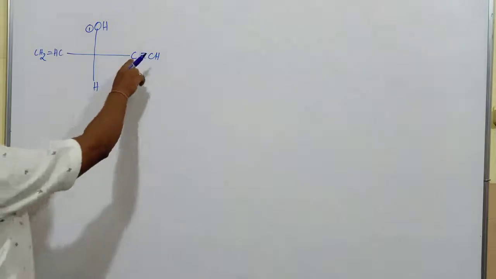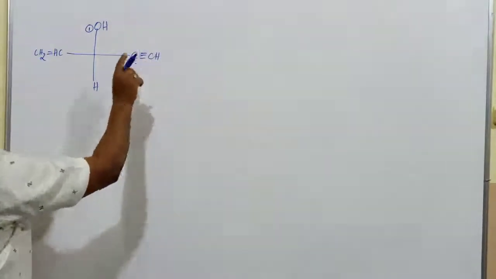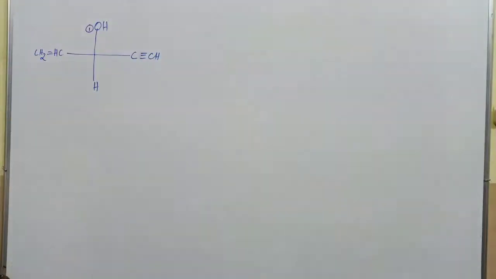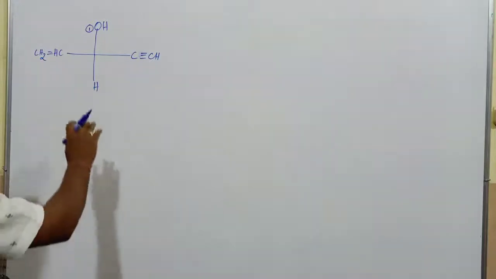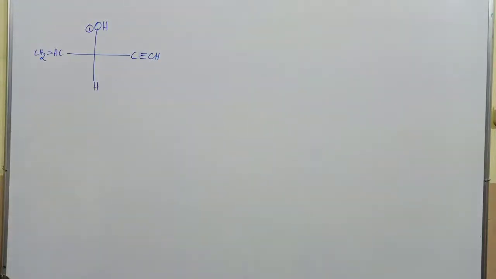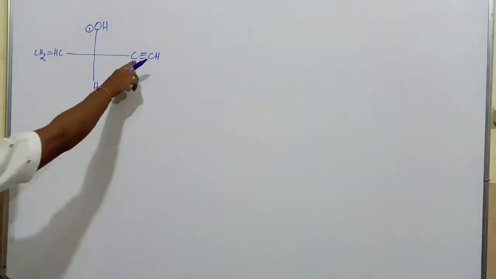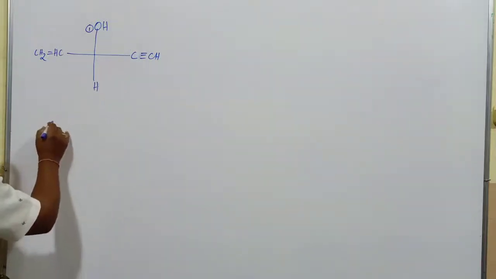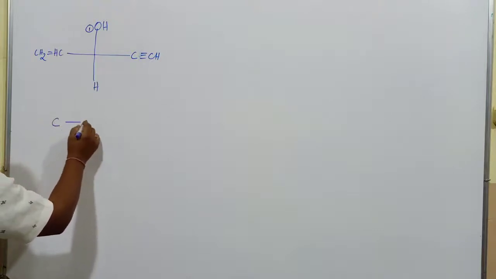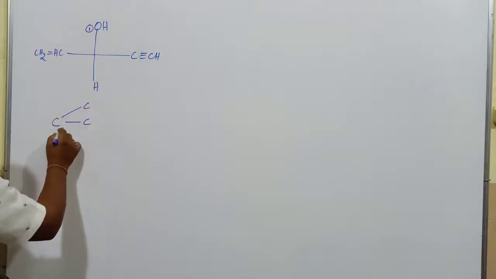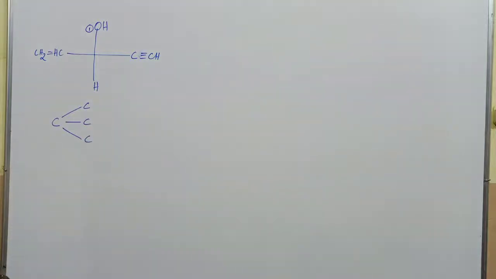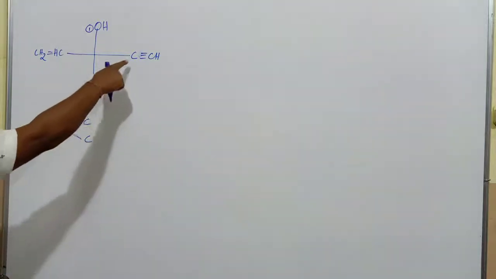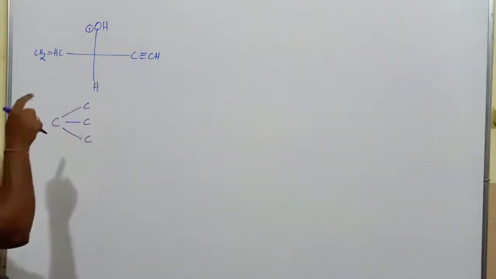Here it is attached to carbon with a triple bond, here it is attached to carbon with a double bond. So according to the CIP rules, whenever the atom is connected by a triple bond, we have to take that group as, this is carbon attached to carbon, attached to carbon. It means that one carbon atom is attached to three other different carbon atoms.